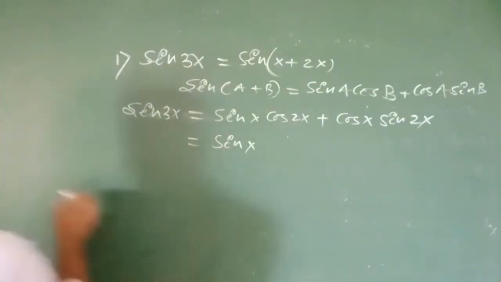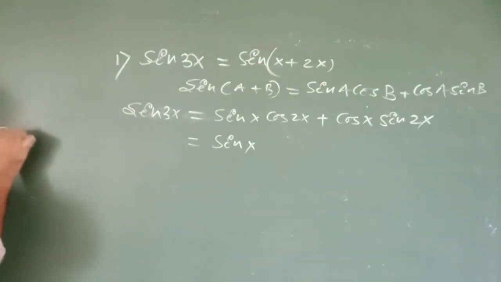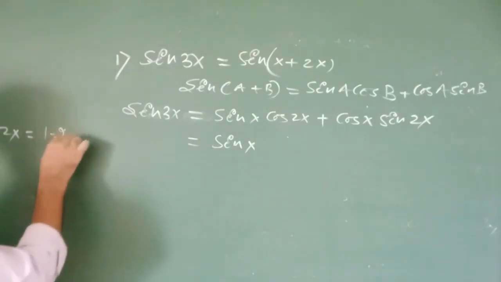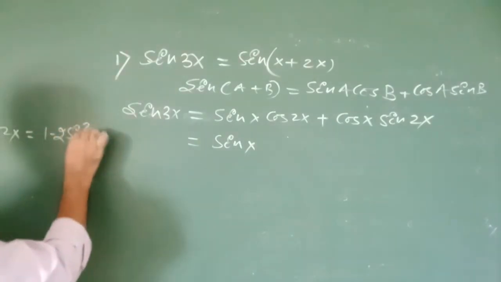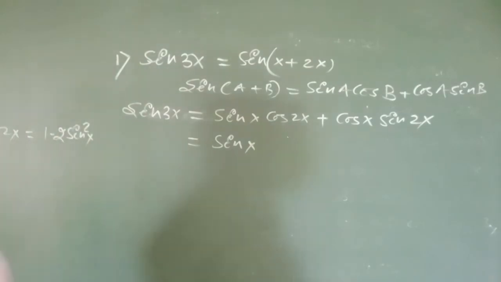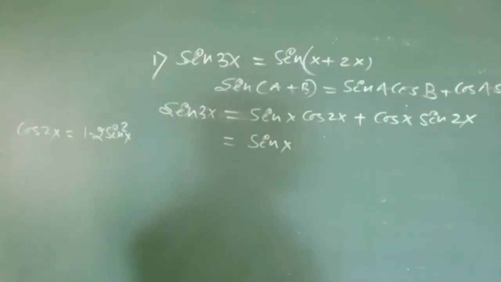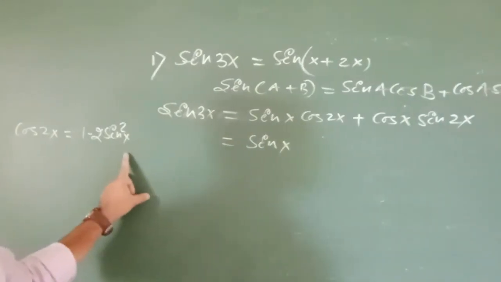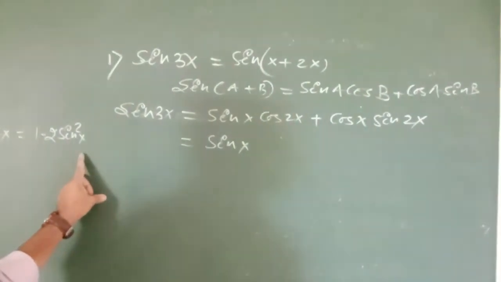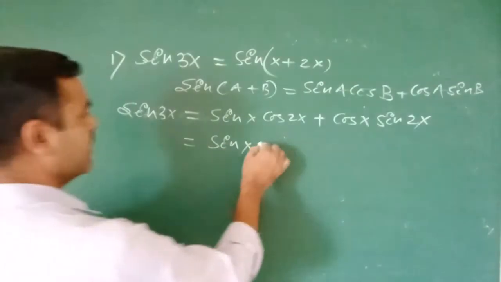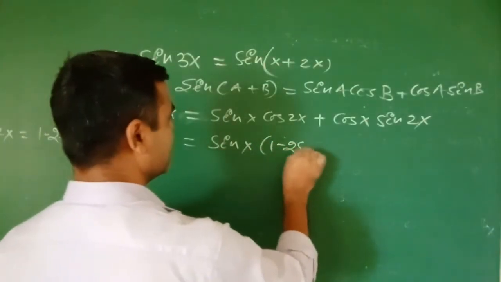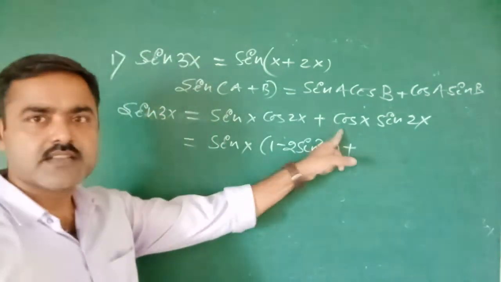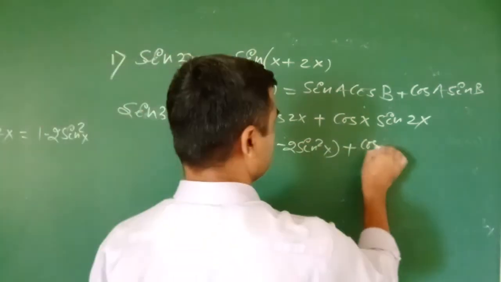See, the identity of cos 2x in the form of sin is 1 minus 2 sin square x. So just use this identity here: sin x into (1 minus 2 sin square x) plus cos x.